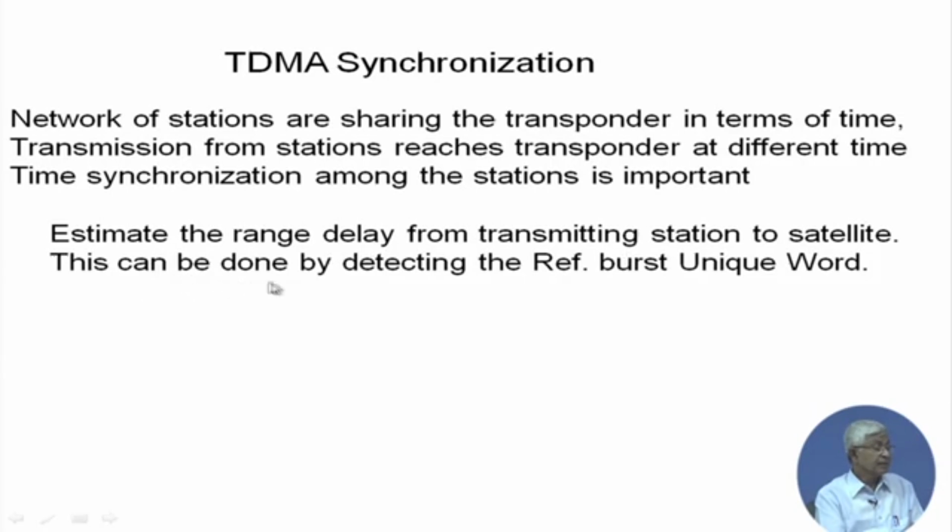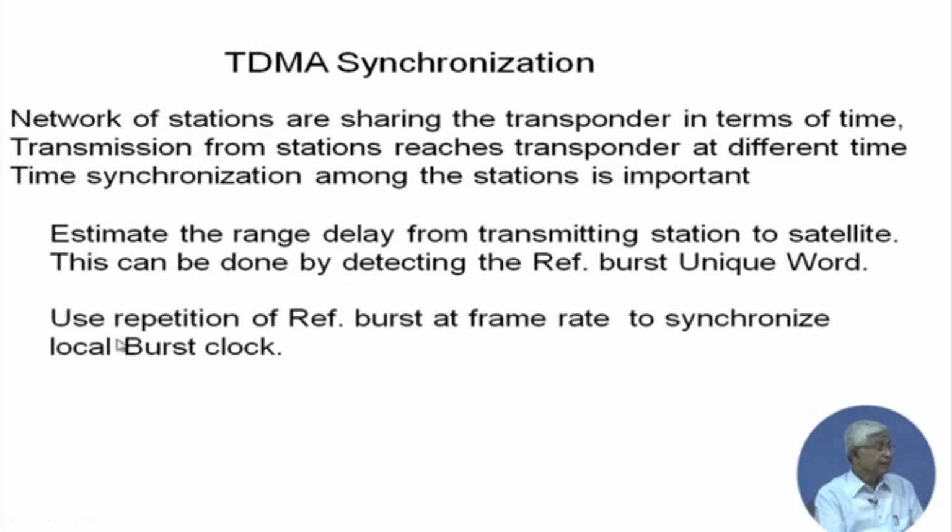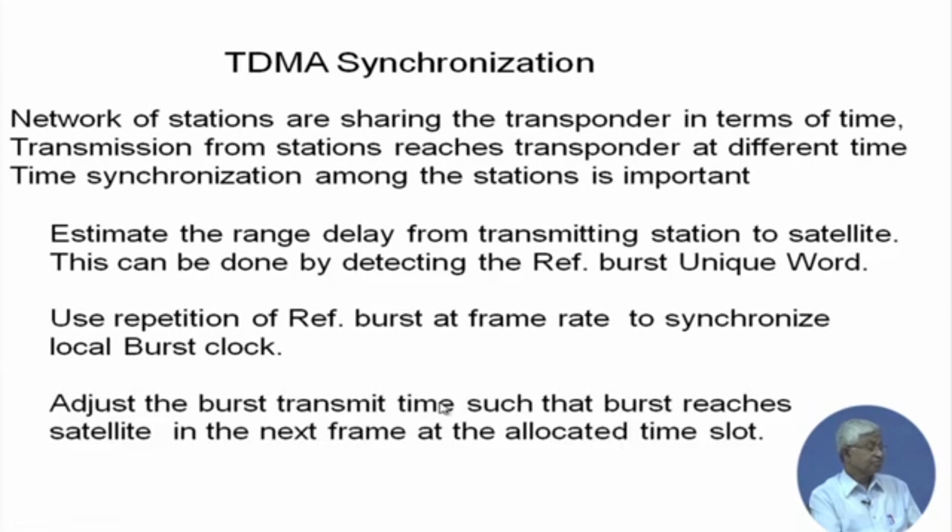This can be done by sending and receiving your own burst, or it can be done by detecting the reference unique word burst. Now, the TDMA frame has to be synchronized in terms of the reference burst, which is at the frame rate, and from that you have to find out the burst clock, and at that rate the transmission has to take place.